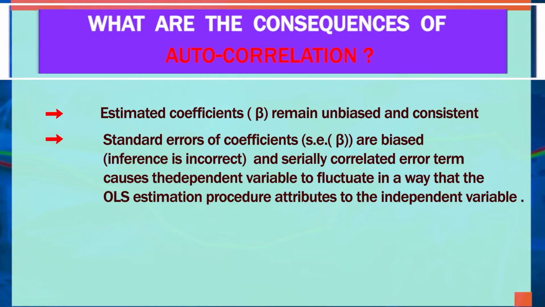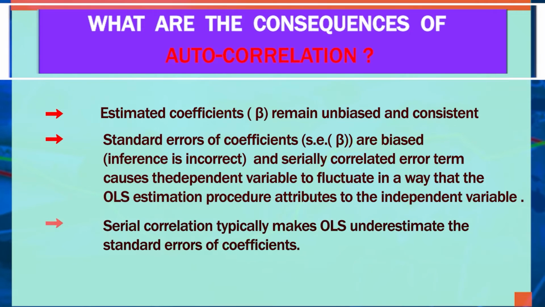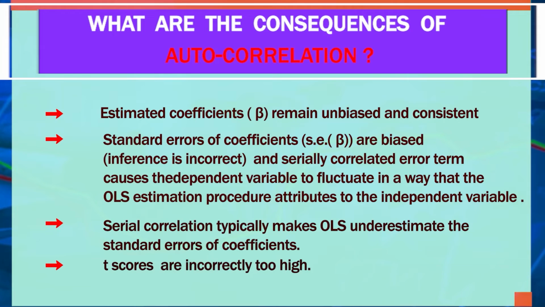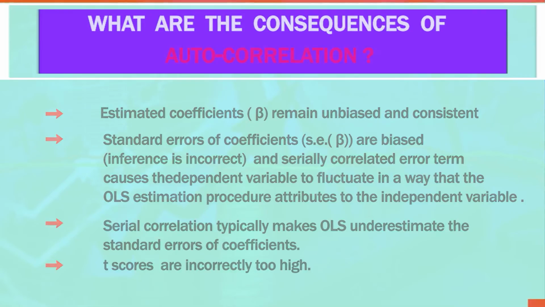And this will make the dependent variable appear less affected by the independent variables. That means it will affect the statistical significance of the independent variables, and also the t-scores will be incorrectly too high. So maybe a high t-score is very much desirable, but here this high is because of some kind of properties that these OLS estimators will be failing.